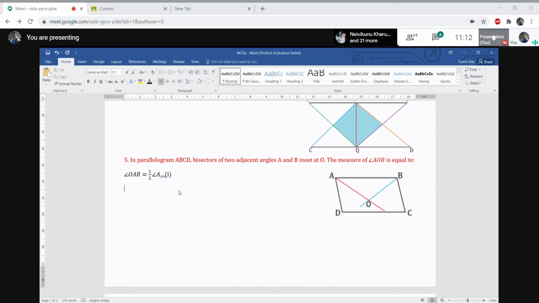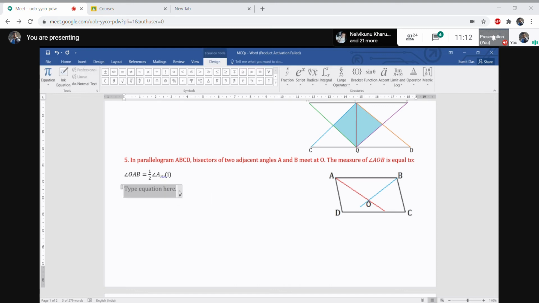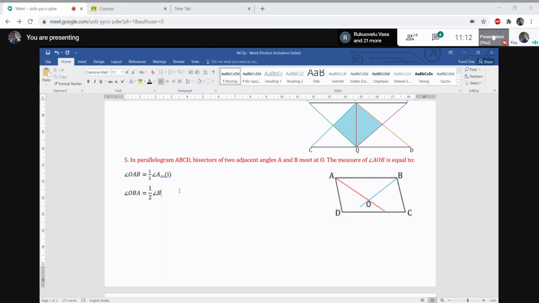Then similarly, angle OBA is half of angle B. Mark this one number 2. Now add 1 and 2.